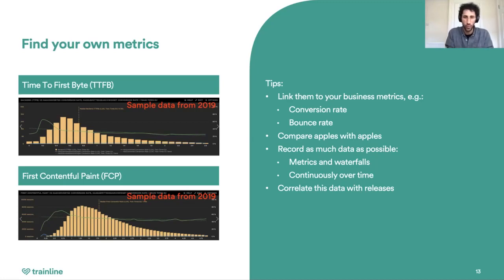And I think also what's very important is record as much as possible, metrics, waterfalls, and do that continuously over time so that you can see the trend. And a key thing that we had at Trainline when we started this is we started to set markers on those graphs each time we did a release.